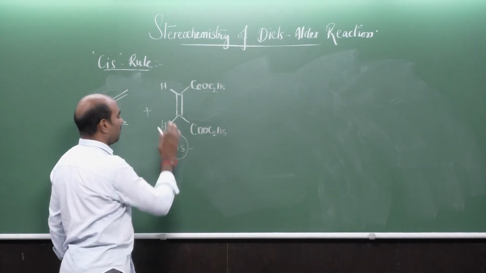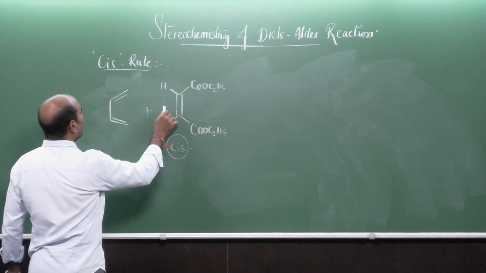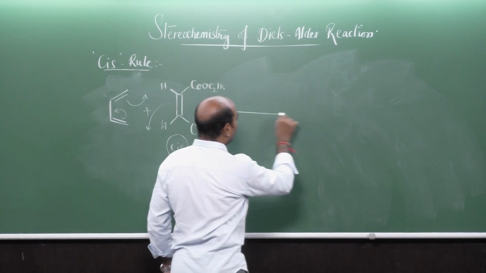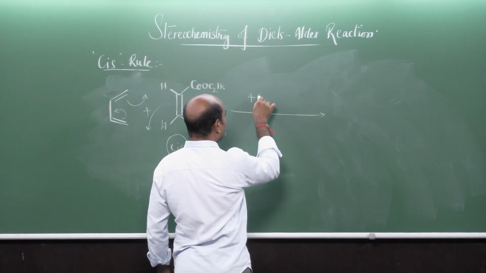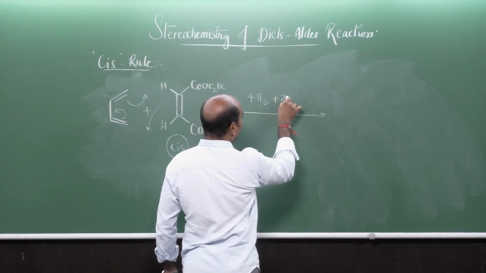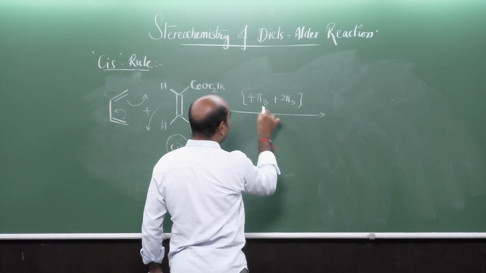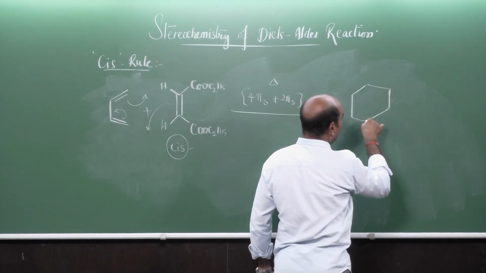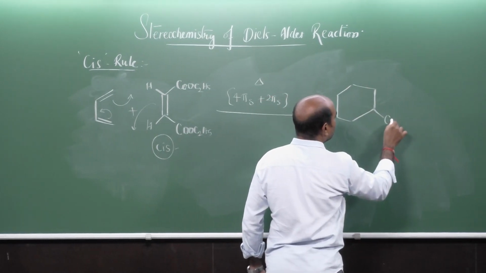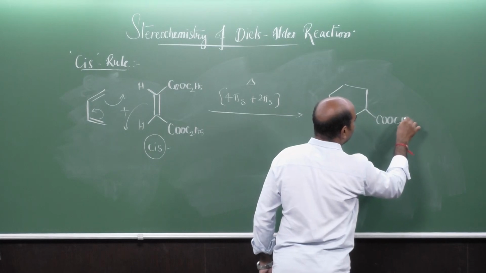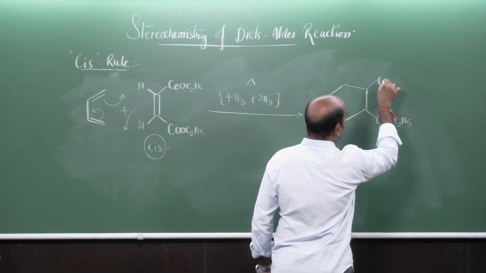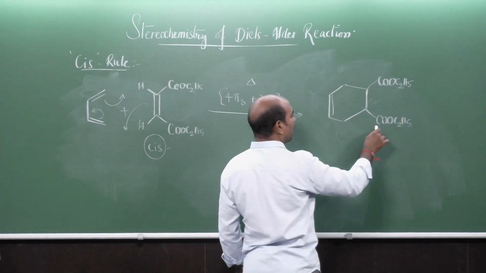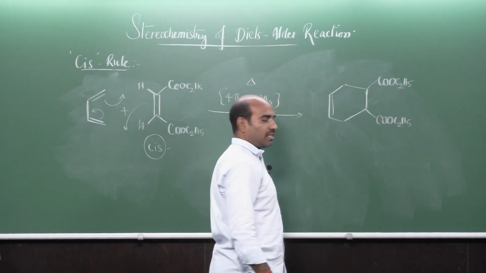This is a cis molecule. So, this dienophile will react with this diene, resulting in the formation of a cyclic adduct molecule, that is because of the 4-pi supra plus 2-pi supra cycloaddition reaction under thermal conditions, and the cyclic adduct which you will be seeing is always cis with respect to the dienophile's stereochemistry, right. So, this is always cis in nature.